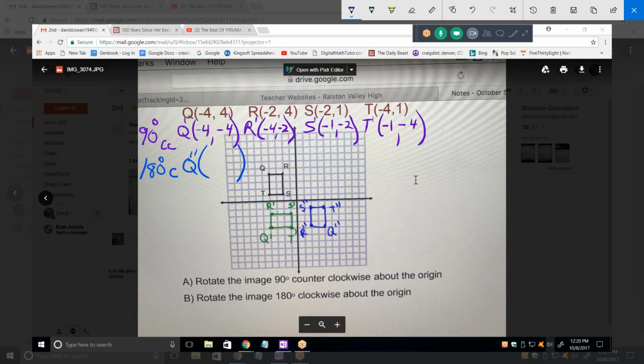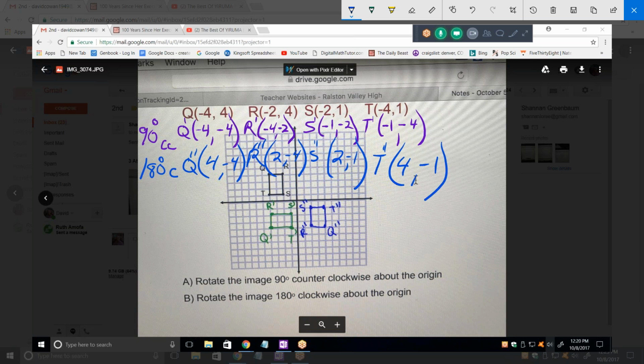What are the coordinates on it? 4, -4. Let's take R double prime. 2, -4. S double prime. 2, 1, -1. And T double prime. 4, -1.